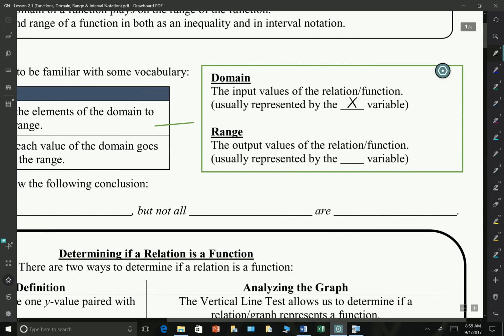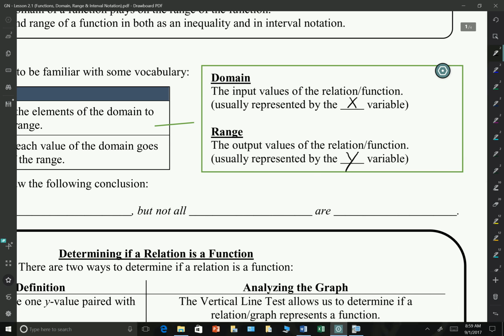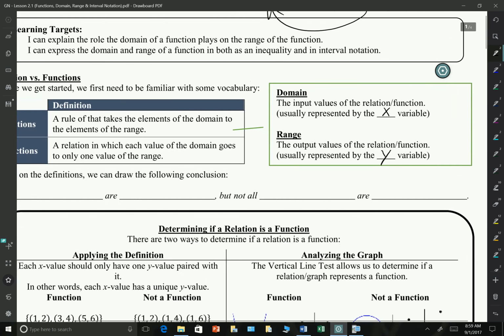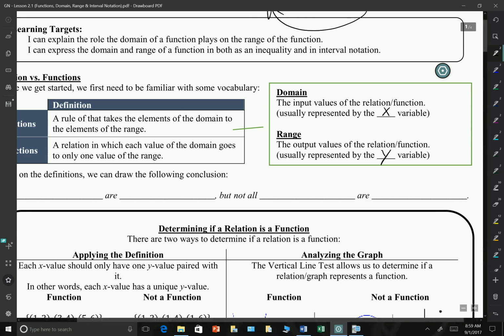If we can go to basic terminology. Range are the y variables. So if I go back to the definition of a function, each element of the domain goes to only one value of the range, which means each x has only how many y's attached to it? 1.